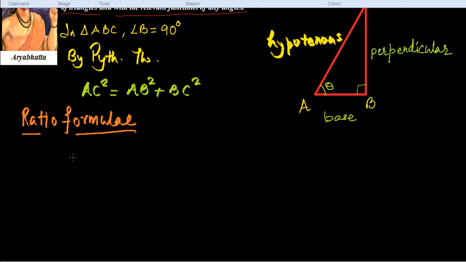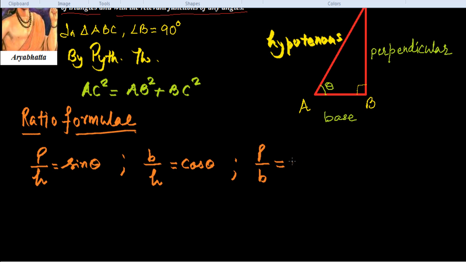The ratio of perpendicular over hypotenuse is called sine with respect to theta, the ratio of base over hypotenuse is called cos with respect to theta, and the ratio of perpendicular over base is called tan with respect to theta.